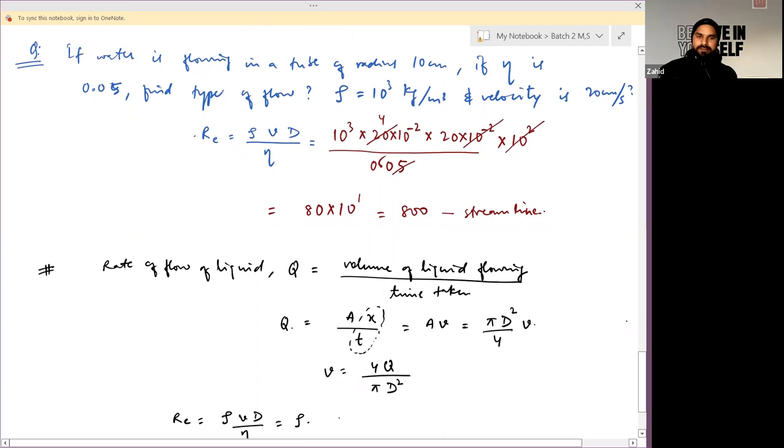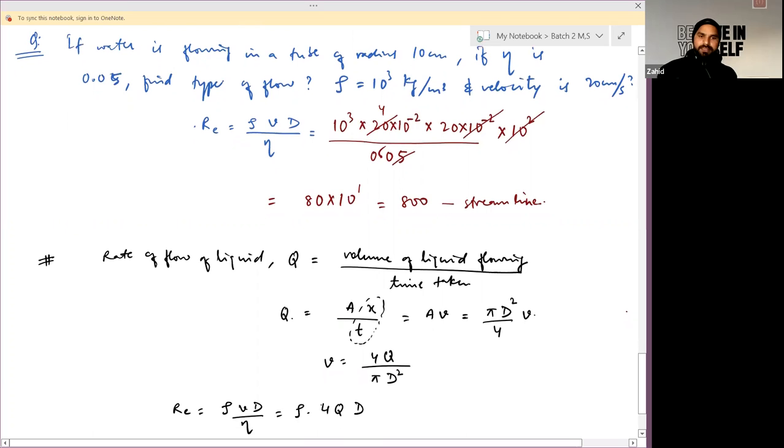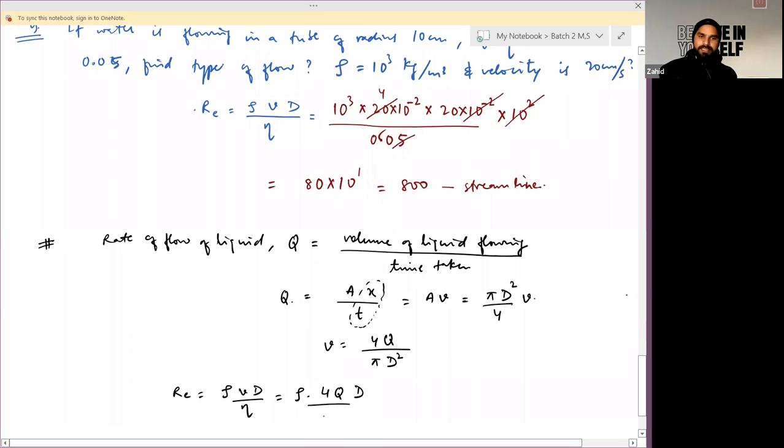Put V as 4Q times D divided by pi D squared times eta. So D and D will cancel out. So you're left with 4 times Q into rho divided by pi D eta. So this is another expression for finding the Reynolds number.